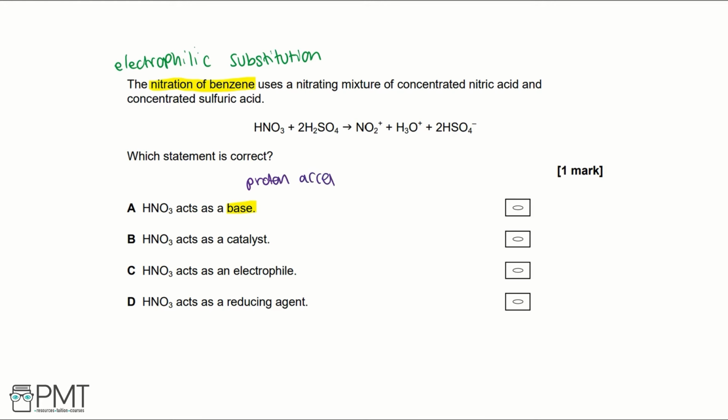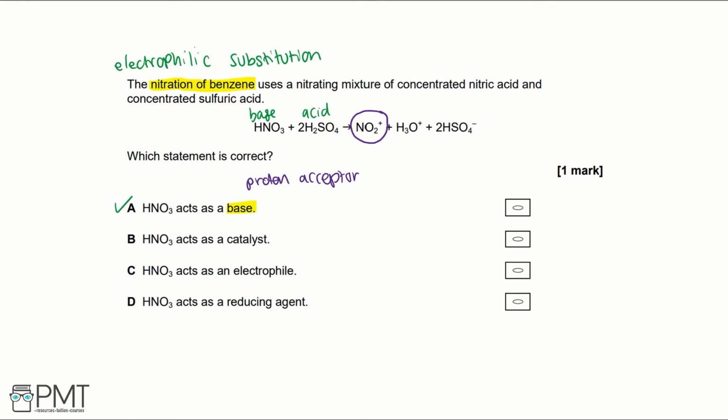So that means it's going to produce a positive ion when it reacts with an acid. And that's exactly what nitric acid is doing here. It's producing NO2+, which means that nitric acid is the base and sulfuric acid is the acid. So A is correct, but we need to check the other three just to double check and make sure that we're definitely getting the correct answer.